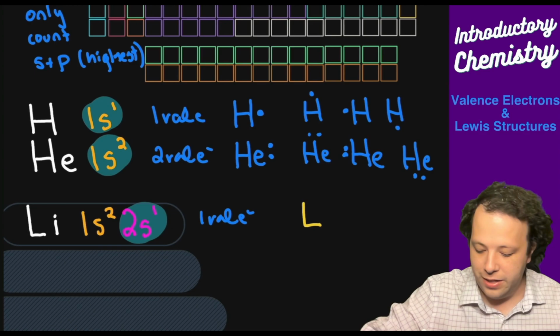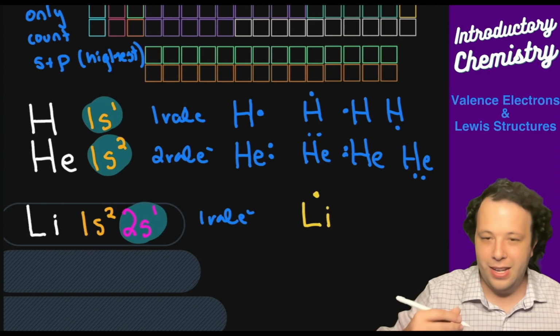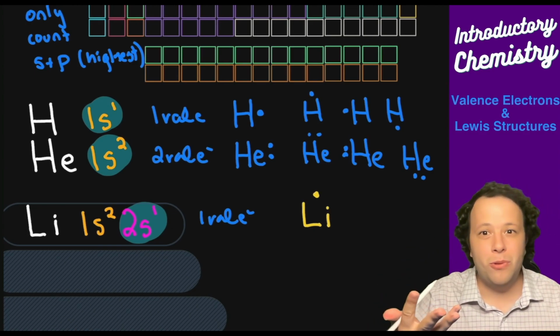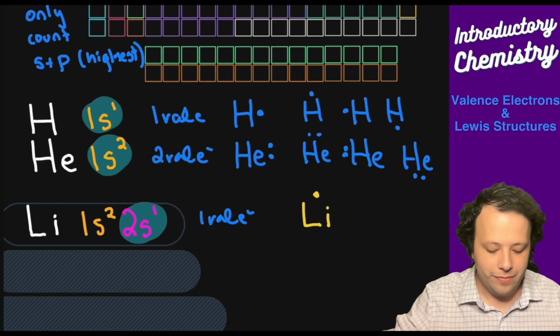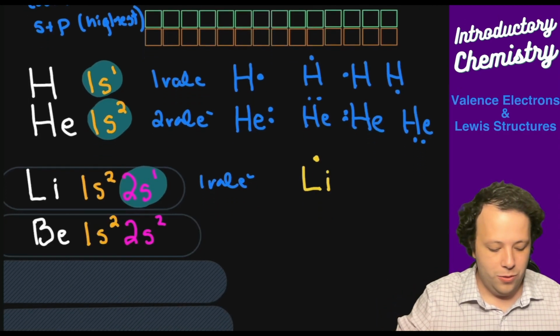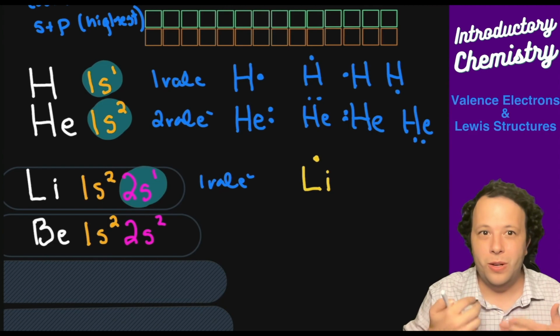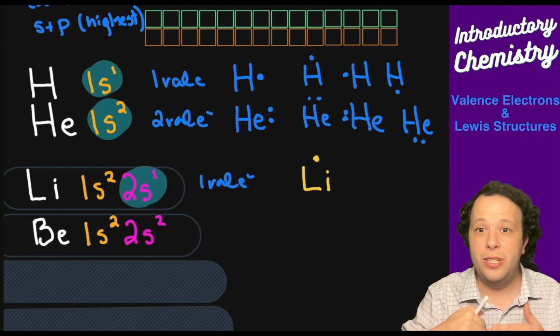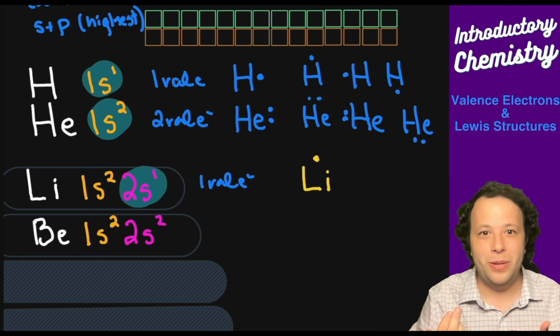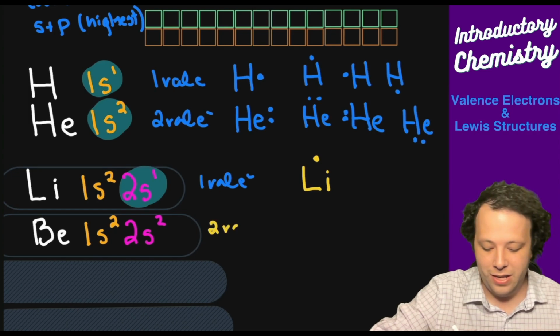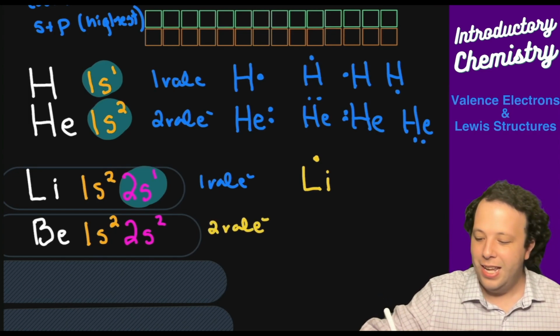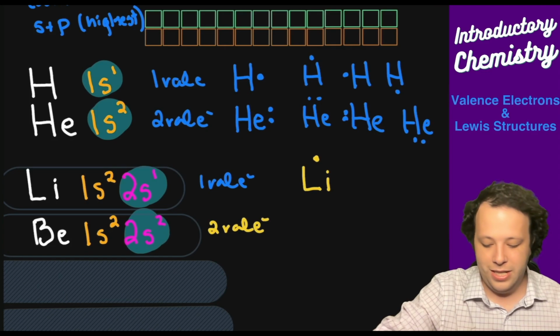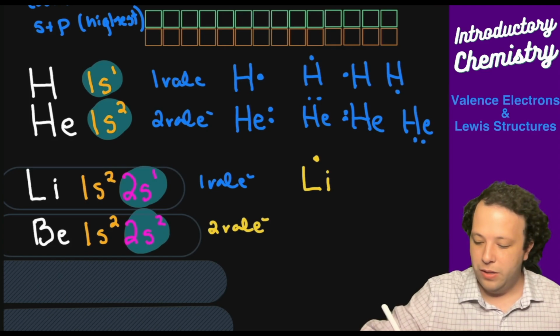Let's do this one in a different color. Lithium has just 1 dot, and as before, it doesn't matter where you put it. Let's go on to the next. The next one, beryllium: once again, we can see our highest level is 2s2. How many do we have here? Now we have 2 valence electrons in that highest orbital. So now we write 2 dots this time.